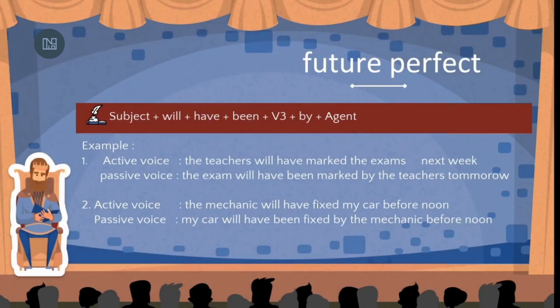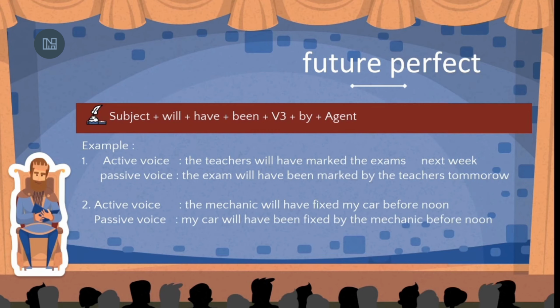And now let's talk about passive voice in a future perfect tense. The pattern is subject plus will plus have been plus verb 3 plus by plus agent. So if I have an active voice, the teacher will have marked the exam next week, you can change it into a passive voice like this.